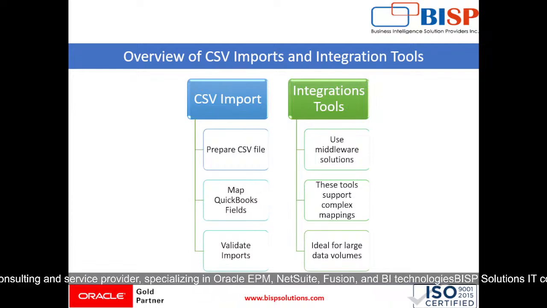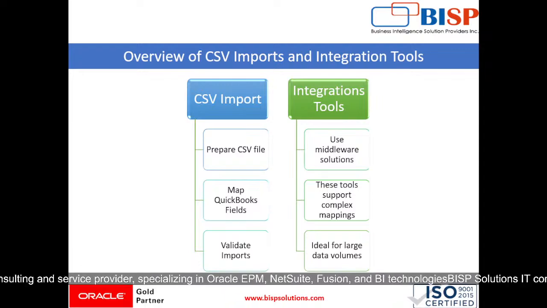So by following these steps, we can ensure a smooth and error-free data migration process from QuickBooks to NetSuite. By using CSV format, we will be importing all our files in NetSuite in our next session, and what needs to be explained, I will explain in my next session in the CSV import tool.